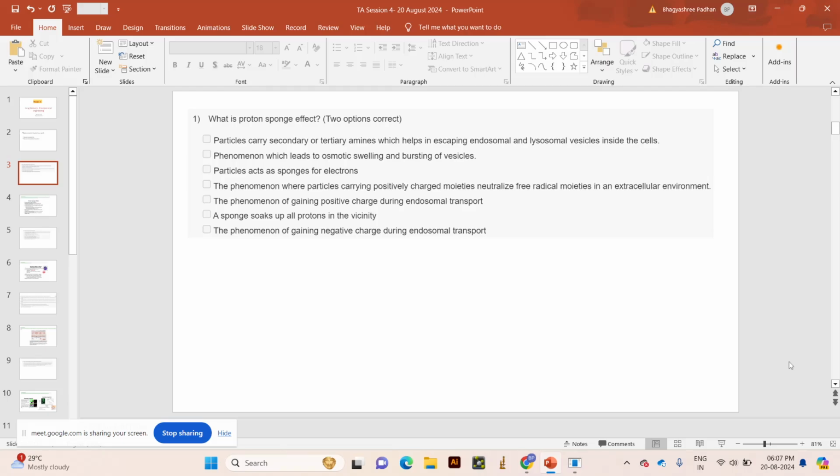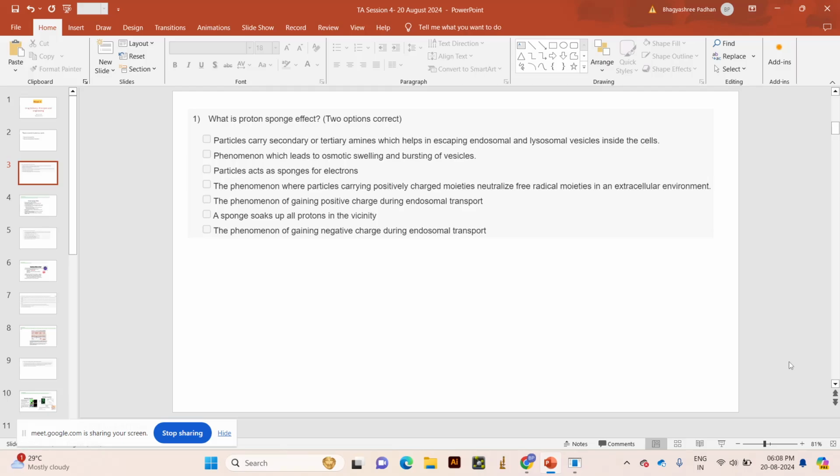Options are: the particles carry secondary or tertiary amines, which helps in escaping endosomal and lysosomal vesicles inside the cells; or it is a phenomenon which leads to osmotic swelling and bursting of vesicles; or particles act as sponges for electrons; the phenomenon where particles carrying positively charged moieties neutralize free radical moieties in an extracellular environment; the phenomenon of gaining positive charge during endosomal transport; a sponge soaks up all protons in the vicinity; or the phenomenon of gaining negative charge during endosomal transport.